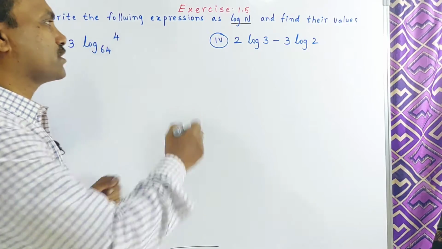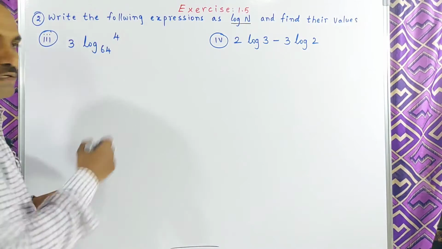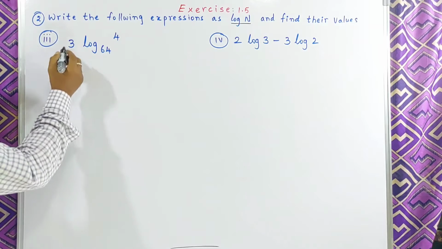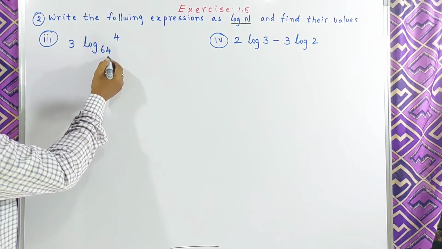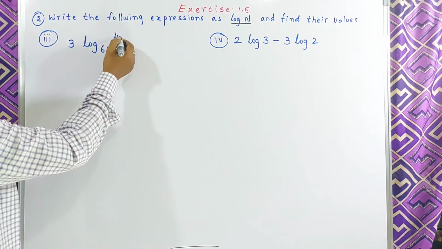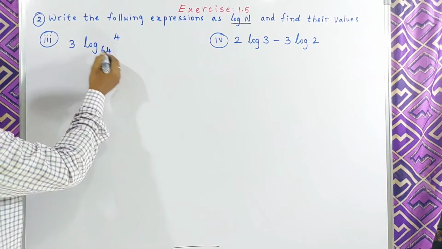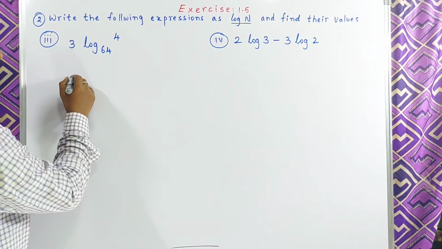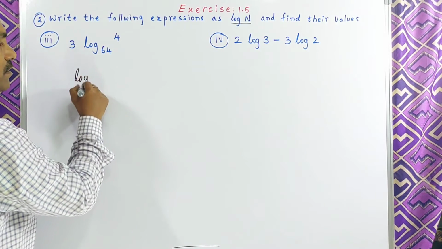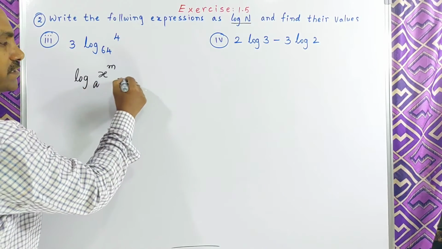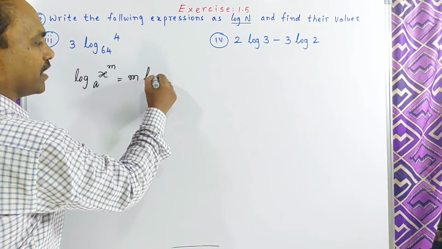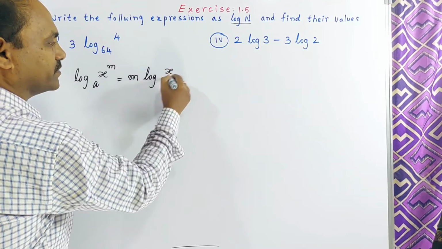Yes. Now the third question in this second Roman. What is given? 3 log 4 to the base 64. This is in the form of log x power m to the base a is equal to m log x to the base a.